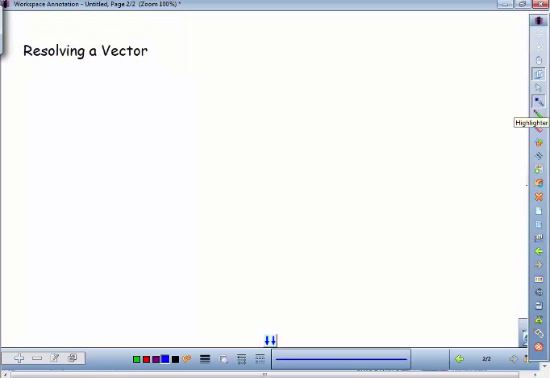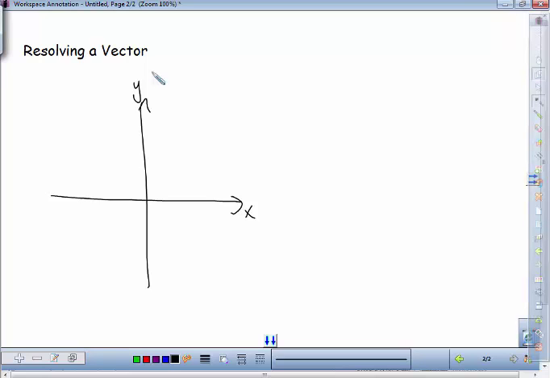And for us, the best way to think about resolving a vector is think about the space that you're dealing with. Like I said, we're going to be looking at these vectors two-dimensionally, but we're also going to be able to look at things in 3 dimensions.